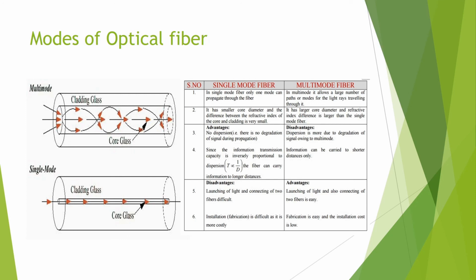A disadvantage of single mode fiber is that launching of light and connecting two fibers is difficult, installation is difficult, and it is more costly. An advantage of multi-mode fiber is that launching of light and connecting two fibers is easy, fabrication is easy, and the installation cost is low.